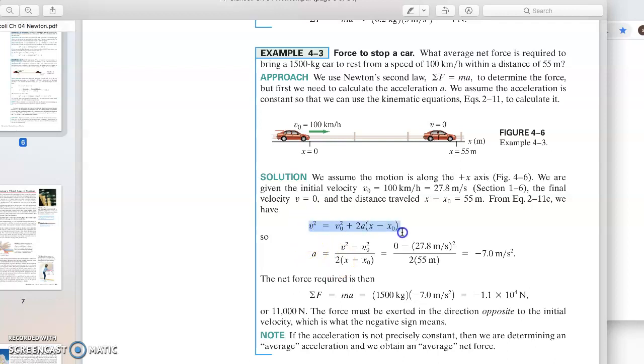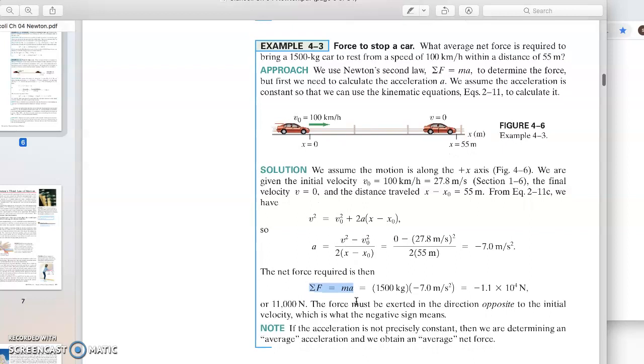The first equation of motion, which we all know from chapters 2 and 3, and Newton's second law of motion. So basically the idea is to find the acceleration using the equations of motion and then apply it in Newton's second law of motion to find the force acting on, or required for, this car.